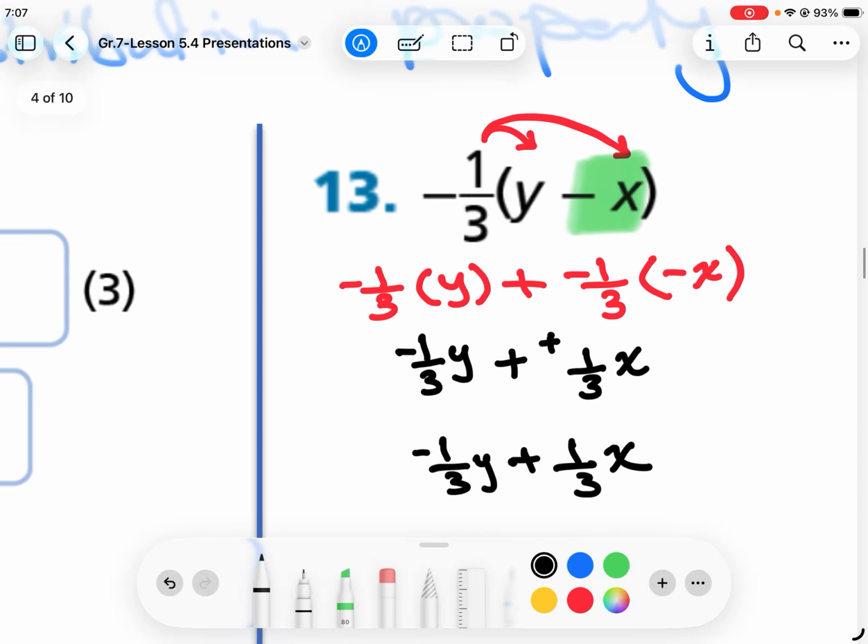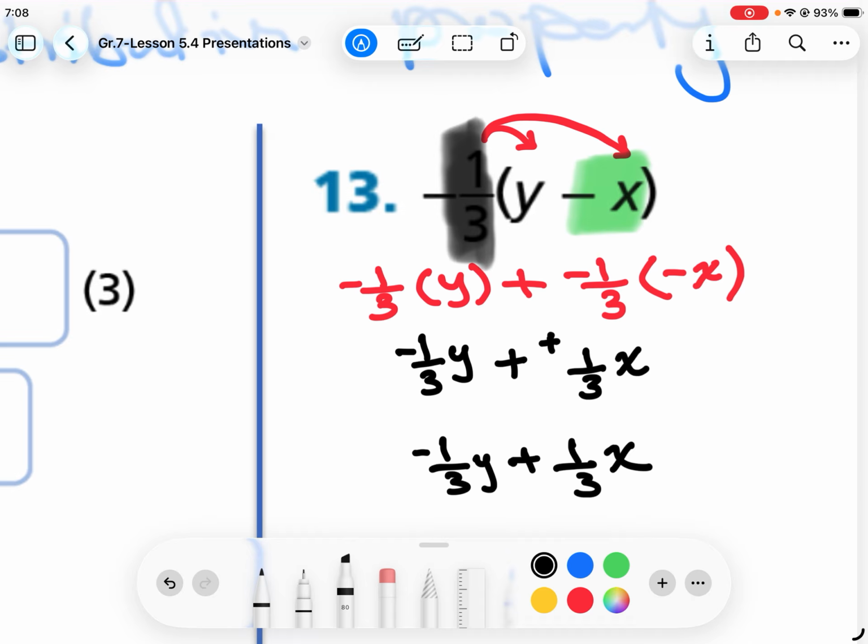So here you remember, the number outside that you need to distribute is negative. Always keep in your head that once the negative enters the parentheses, it will change all the signs. For example, if we hide the 1/3, y was positive. When the negative enters, y will turn into negative. And this is what happened: y became negative. x is negative.